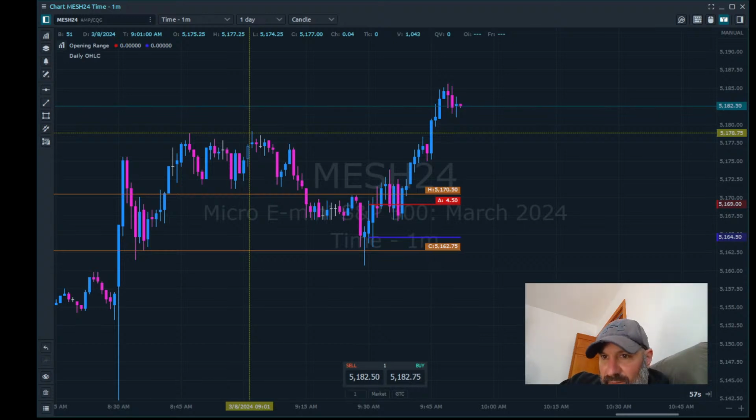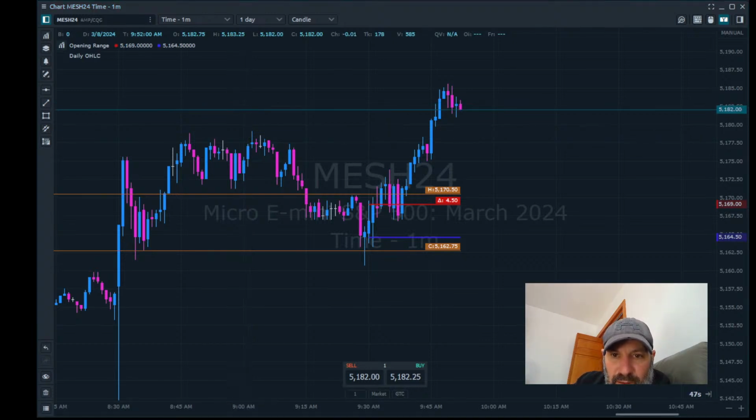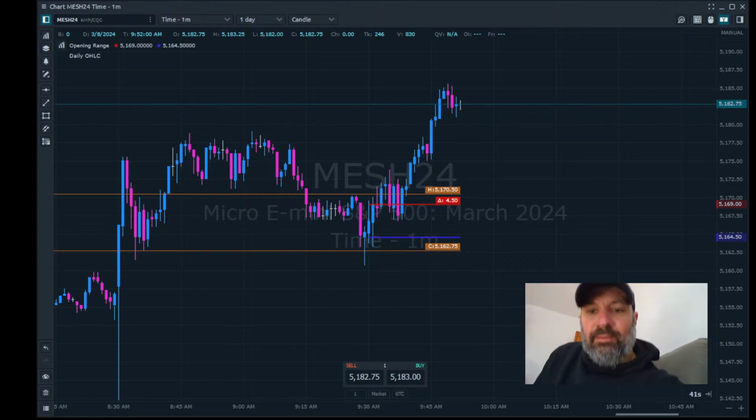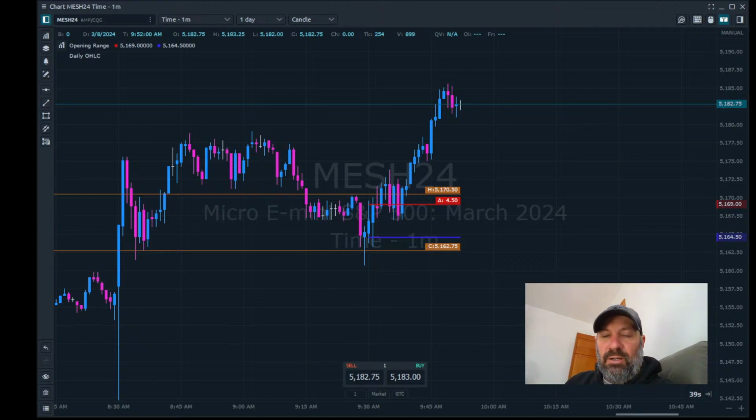But I do think there is room for one more push higher to about 90, 92, somewhere in there. And I kind of think that's where we're going to push to shortly, so we'll push to that, and then we'll come back, and that should give us a decent area to then take shorts from.